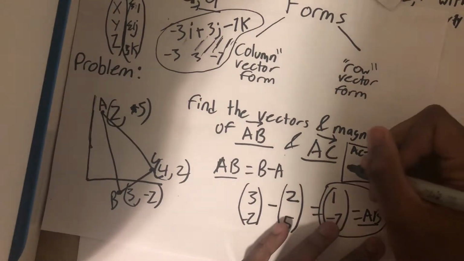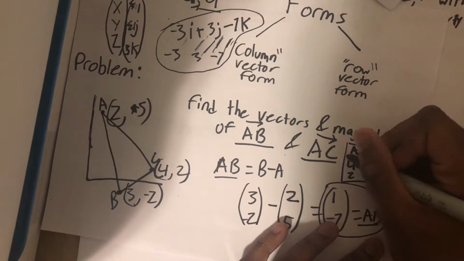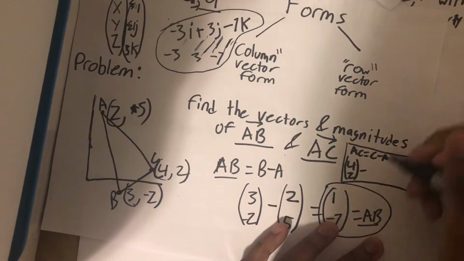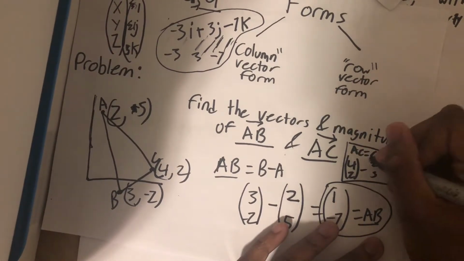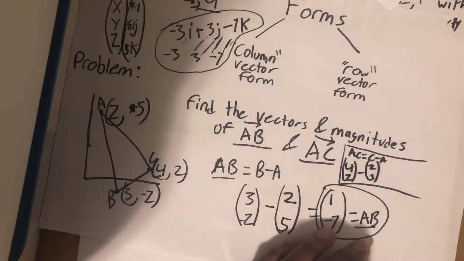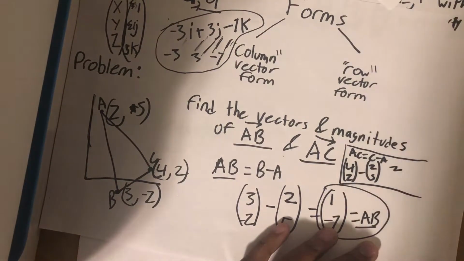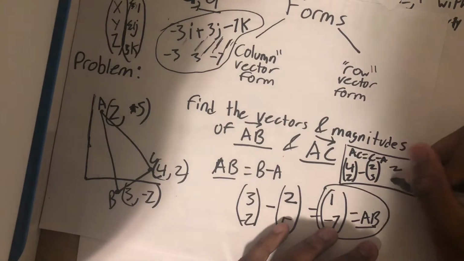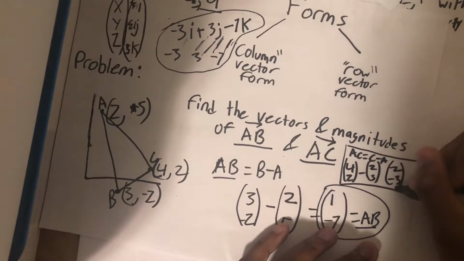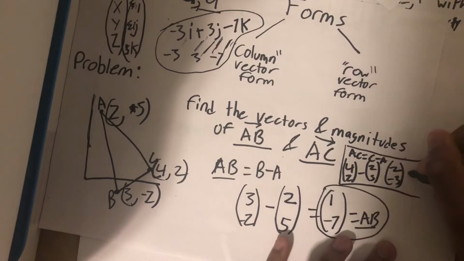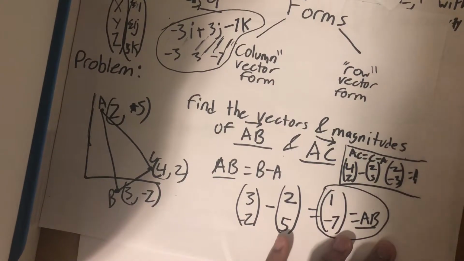C is 4, 2. I'm gonna subtract A, and A we know is 2, 5. Okay, so then we subtract straight across, we get 2 over negative 3. That's the answer.